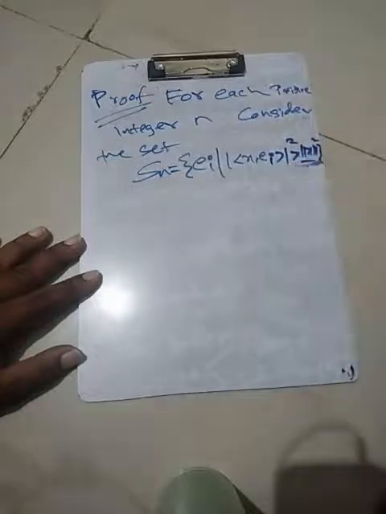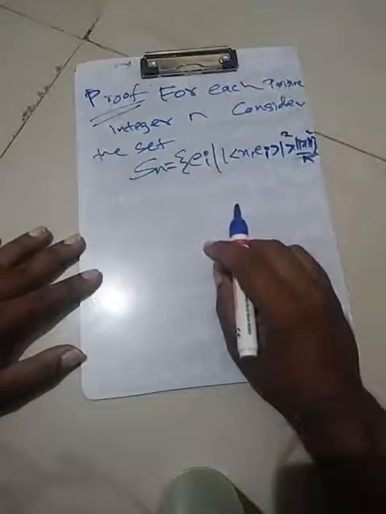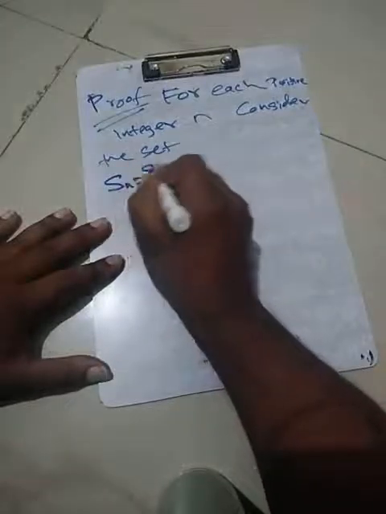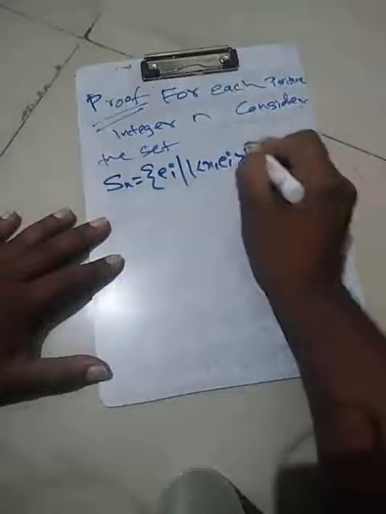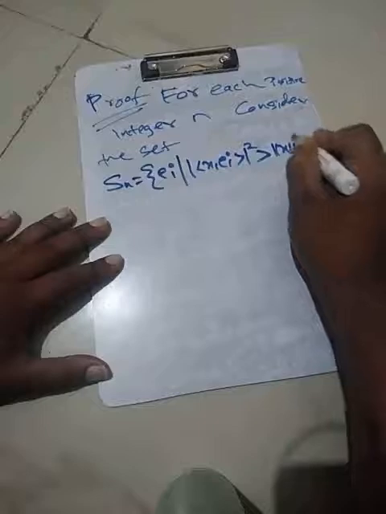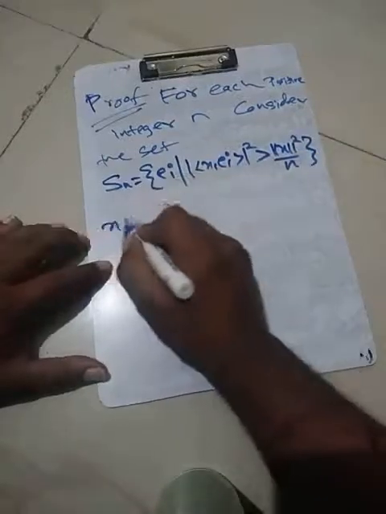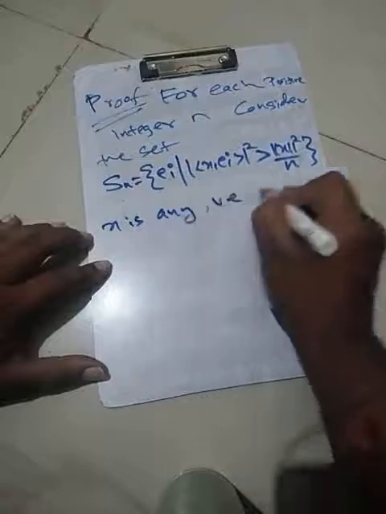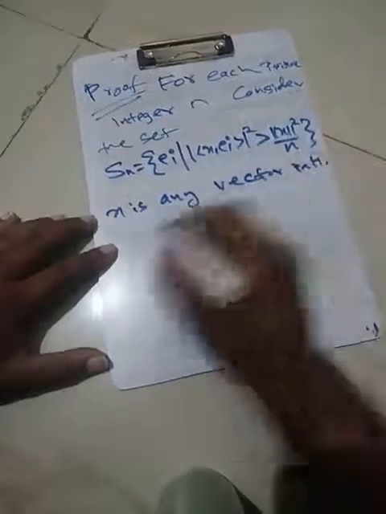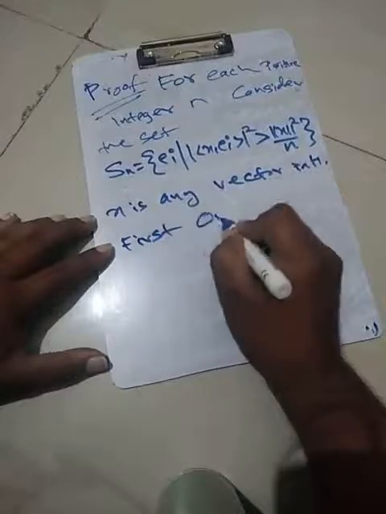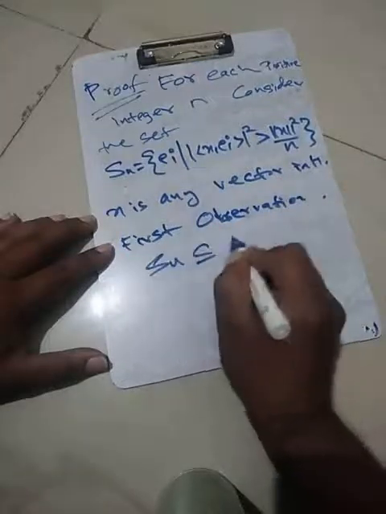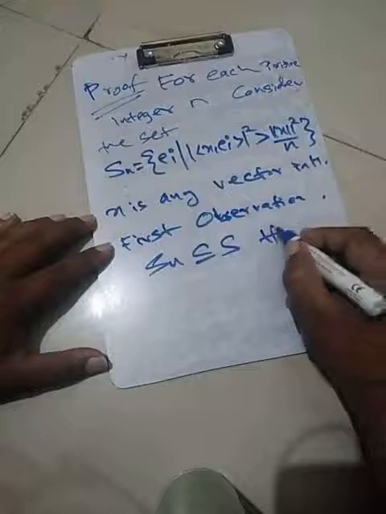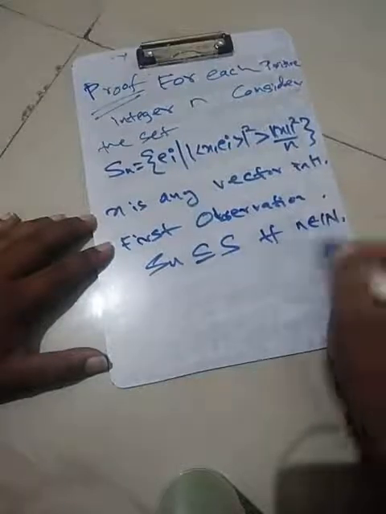So x is any vector in H. First observation: S_n is a subset of S for all n belonging to the natural numbers.